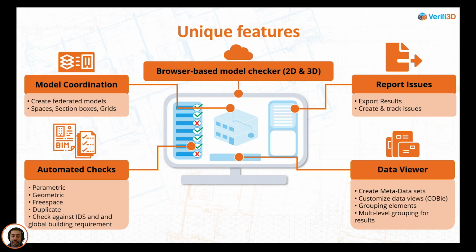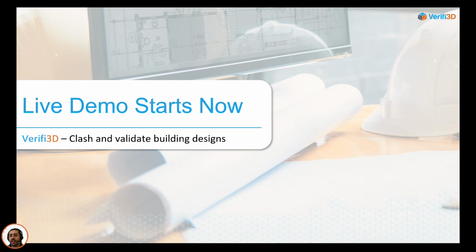So we rolled out a data viewer, which I'm going to discuss further as we progress through the demo. We can report issues by exporting to specific file formats or just integrate with an issue tracking system. So this is a general overview about the features of Verified, but now let's go a bit technical and show you Verified.